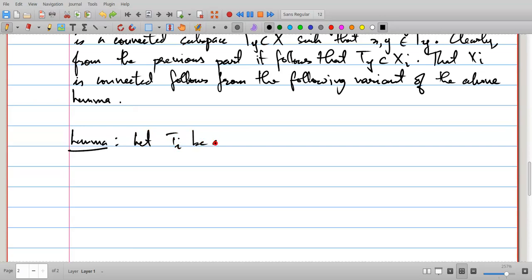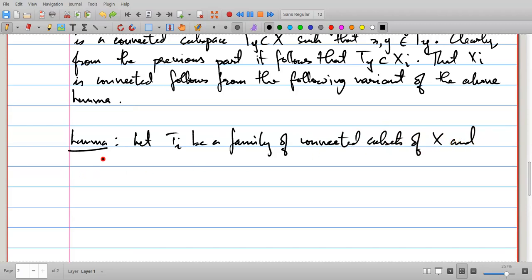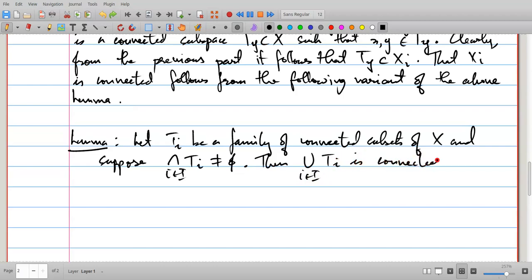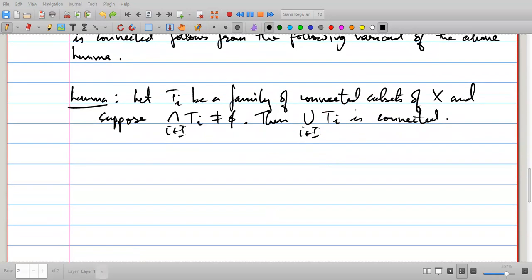So let Ti be a family of connected subsets of X, and suppose the intersection of all the Ti is non-empty. So all these Ti's meet at a point. Then the union of the Ti's is connected. So the union of all the T_y's is connected, but the union of all the T_y's is exactly Xi. Okay, so this proves the second assertion.